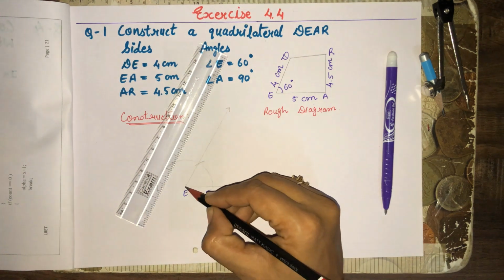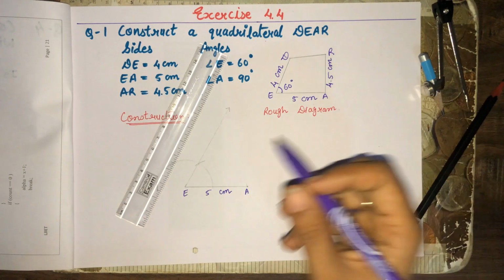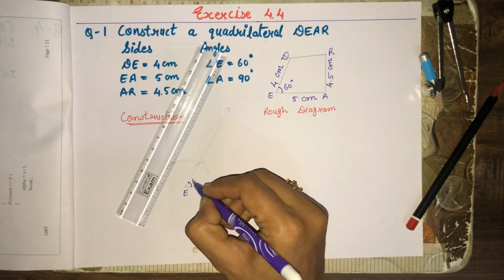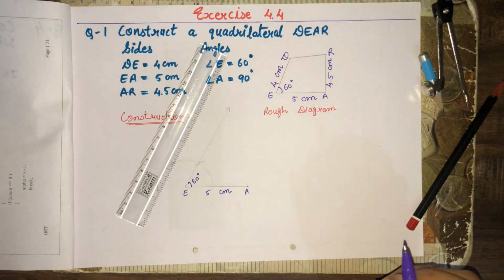So we are done with the construction of the 60 degree angle at E.